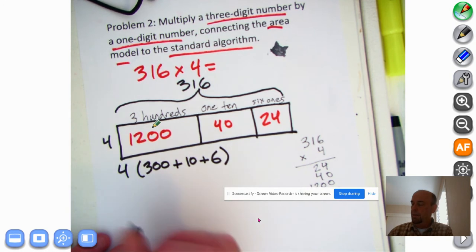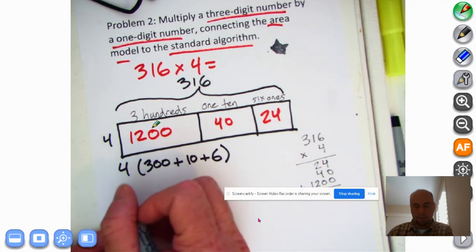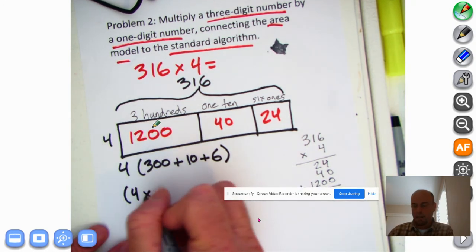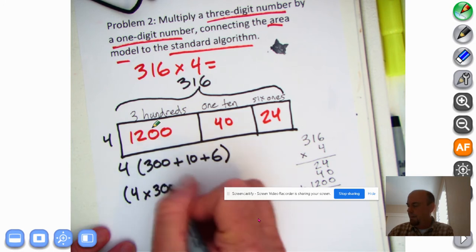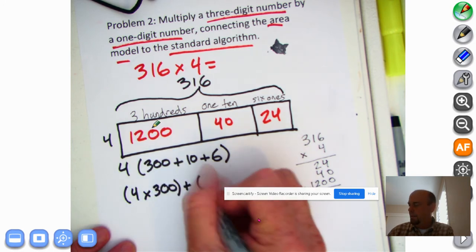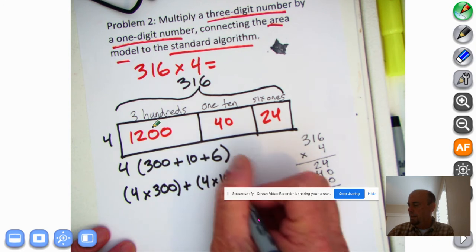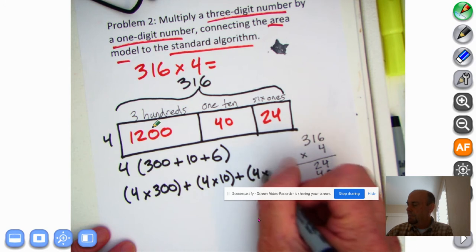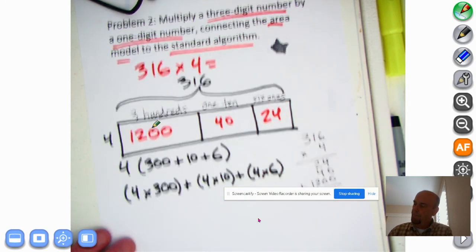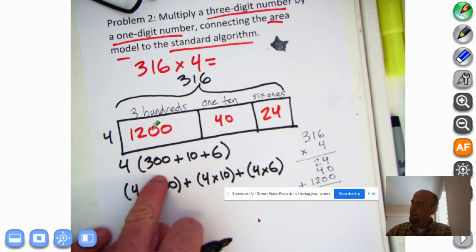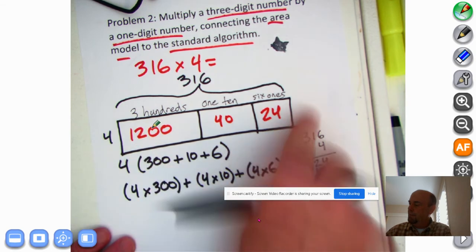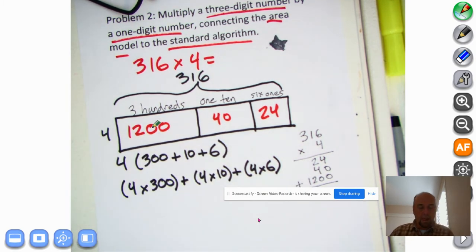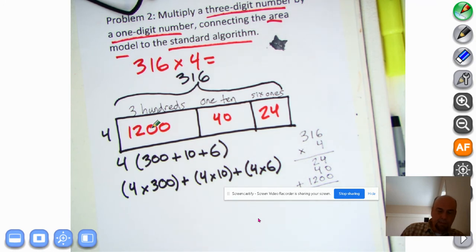Okay, that also equals, and equivalent to this is 4 times 300 plus 4 times 10 plus 4 times 6. There we have it. See how that would be the same thing as 4 times 300 plus 10 plus 6, 4 times 300, 4 times 10, 4 times 6. That's kind of what we did up here. Really both ways. So now we are ready to break this down even further.